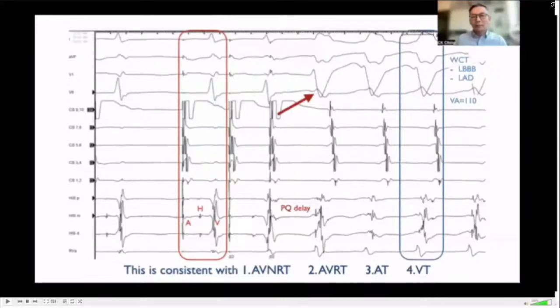Now, if you look at the wide complex tachycardia at steady state, as circled by the blue rectangle, you will see that as you draw a line down from the onset of QRS along the His catheter, the His is now buried.